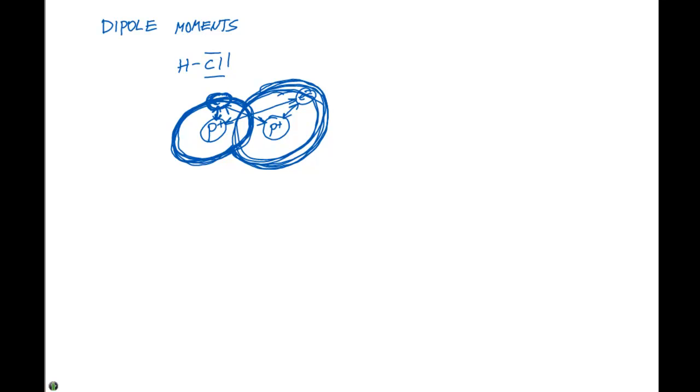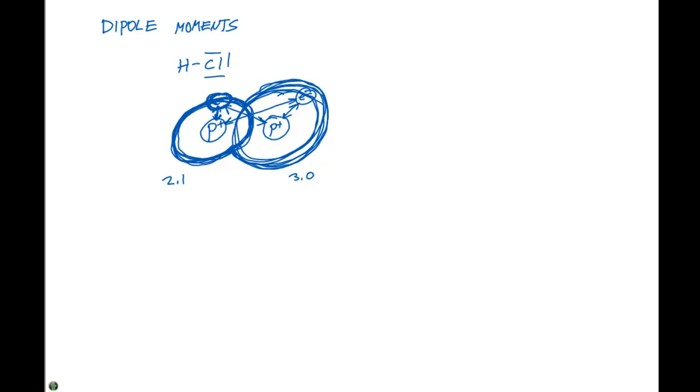So what happens is, if we look at electronegativity, remember electronegativity is a measure of how much a particular atom wants an electron. If we look at the values, hydrogen has an electronegativity value of 3.1, where chlorine has an electronegativity value of 3.0.